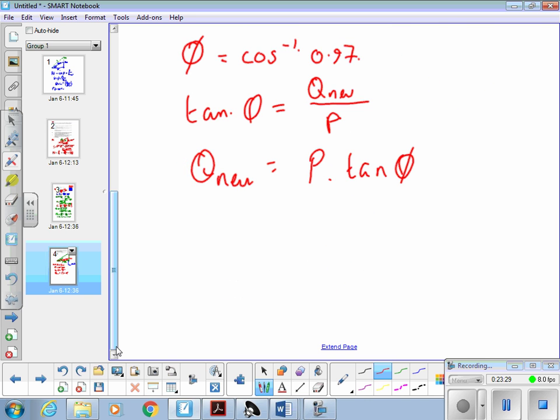If that gets you in a muddle, don't worry about it. Calculate the angle and round it. It's not that significant. But this, in my opinion, is the way to go about doing it. It's the more accurate way to do it.